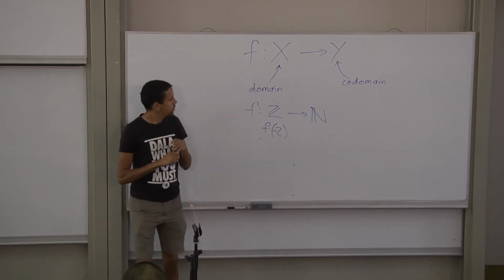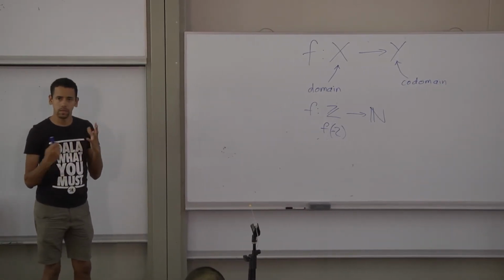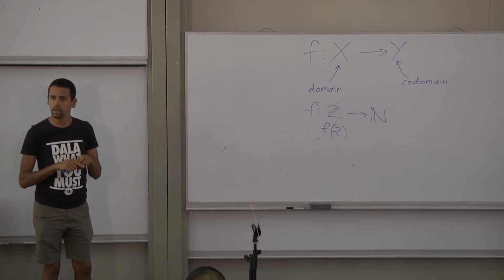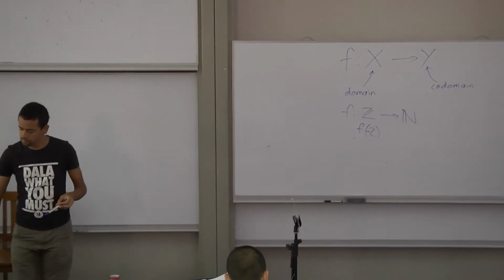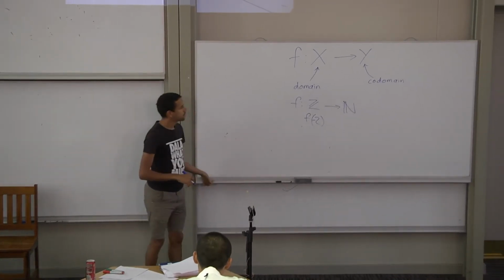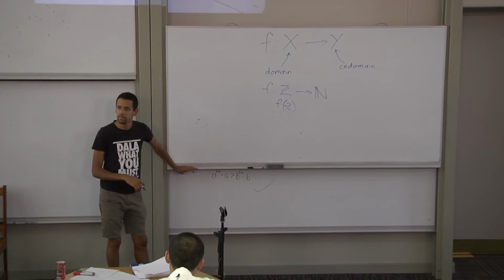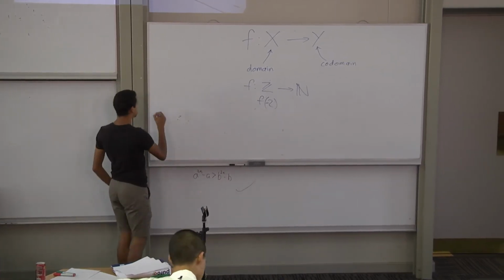Okay. So let's do some examples just to illustrate how you actually use what the codomain and the domain are for functional equations. So let's say you're in an Olympiad exam or test, and the question is something like this.